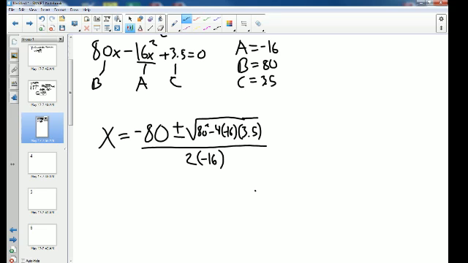From here, you want to do everything within the square root and simplify that down.